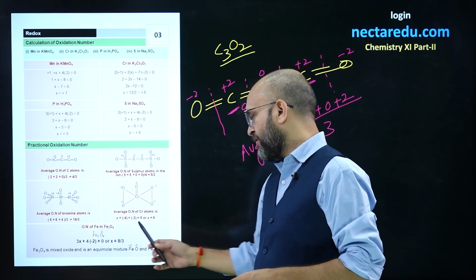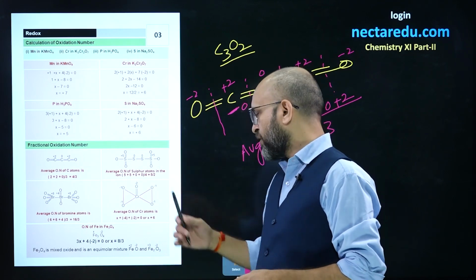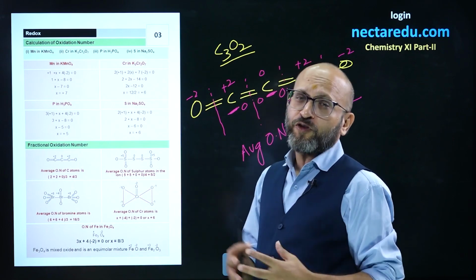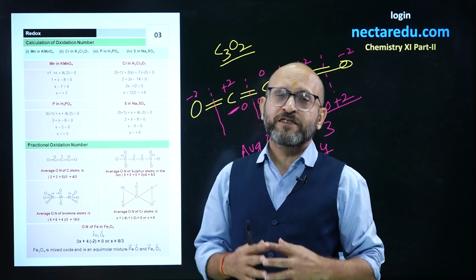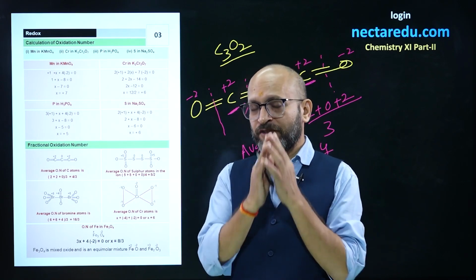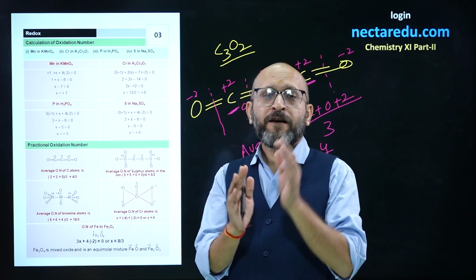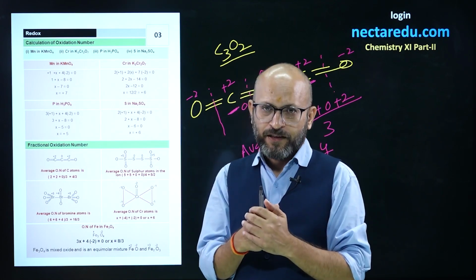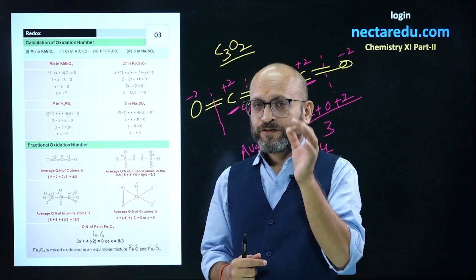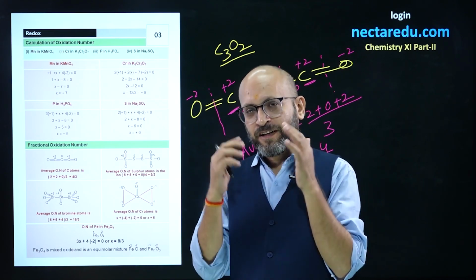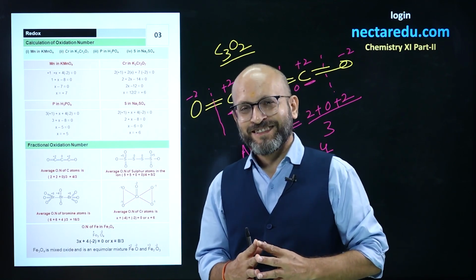In FeO the oxidation number is +2 and in Fe₂O₃ it is +3, so Fe₃O₄ is a mixed oxide. Whenever somebody asks you the oxidation number of Fe in Fe₃O₄, you tell them it is +2 and +3, because it is a combination of FeO and Fe₂O₃. Just remember this so that you will never have any issues in solving questions on redox. That's it.